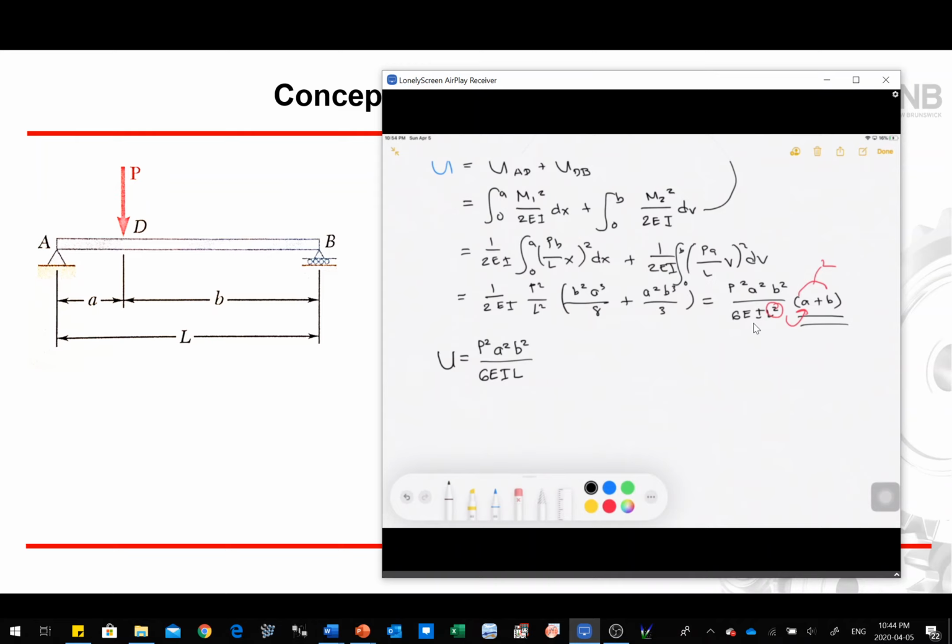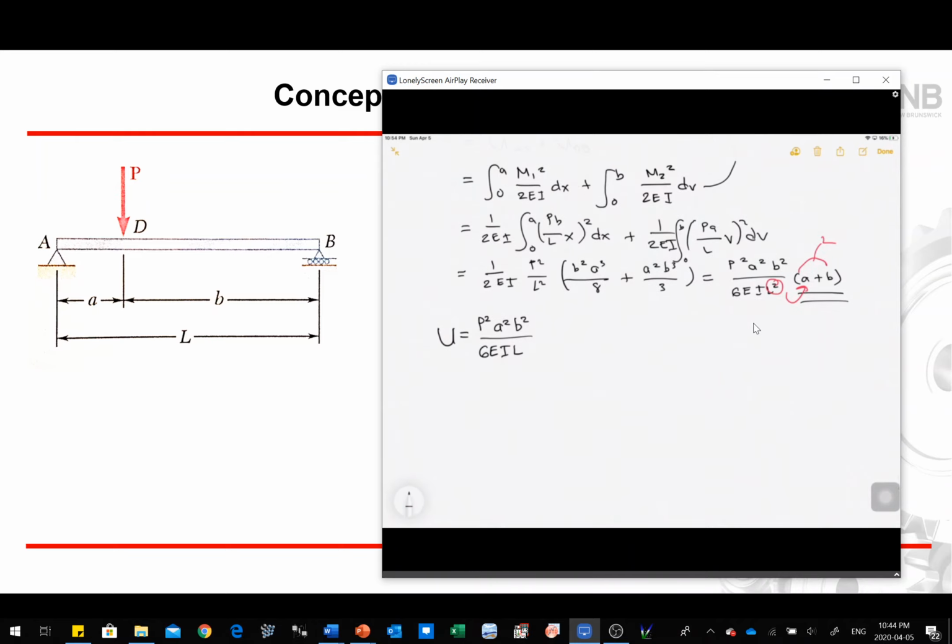Now let's write the given numbers. So for P is equal to 40 kips, A is equal to 3 feet, which is equal to 36 inches. So we have our E, modulus of elasticity, 29 times 10 to the 6 psi.